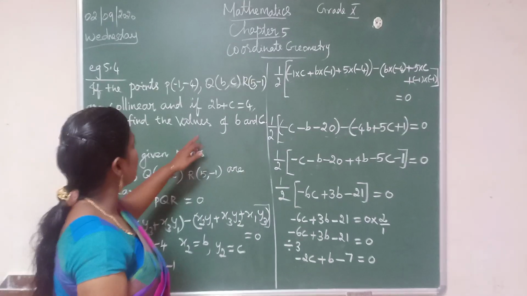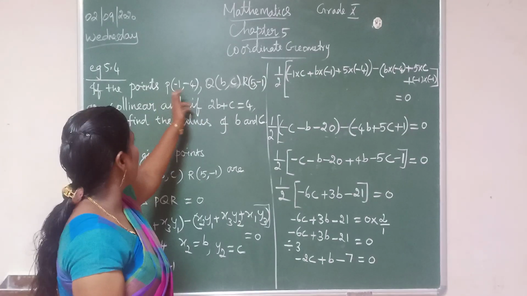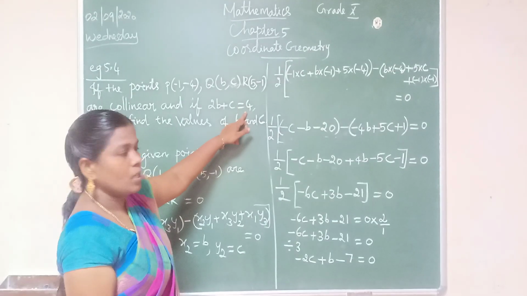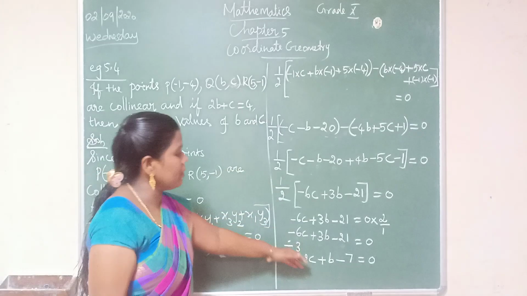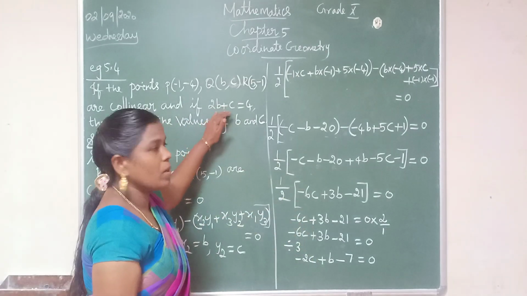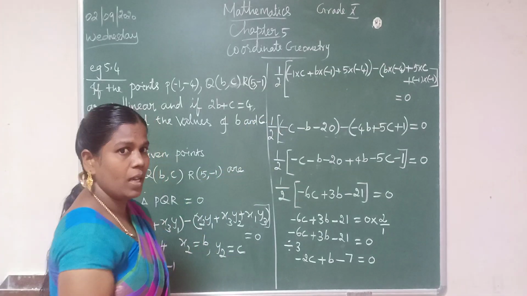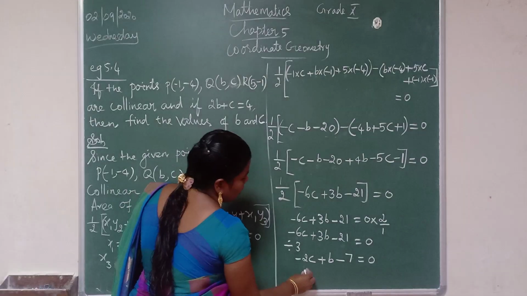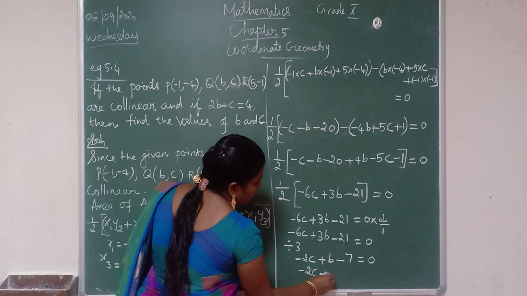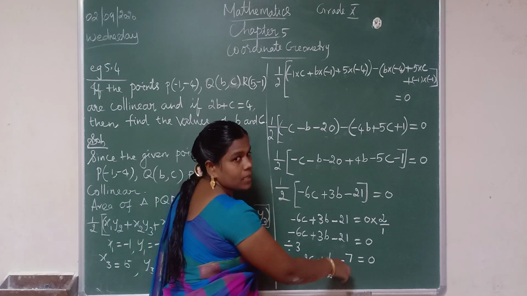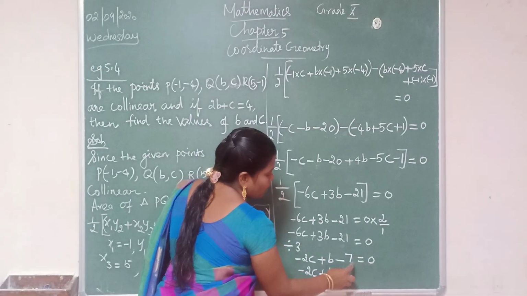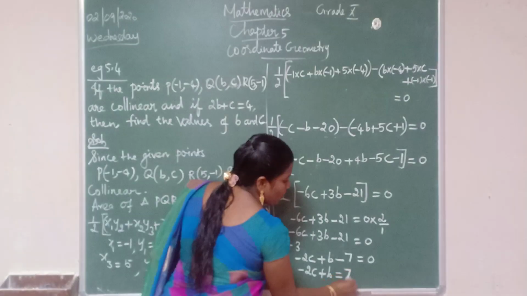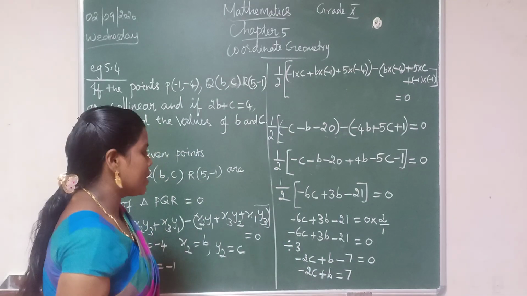In the given question, 3 points are collinear, 2b plus c equal to 4. So let's bring this equation to the linear form like 2b plus c equal to 4. So minus 2c plus b, let's take this constant term to the right side. So 0 plus 7 is equal to 7.